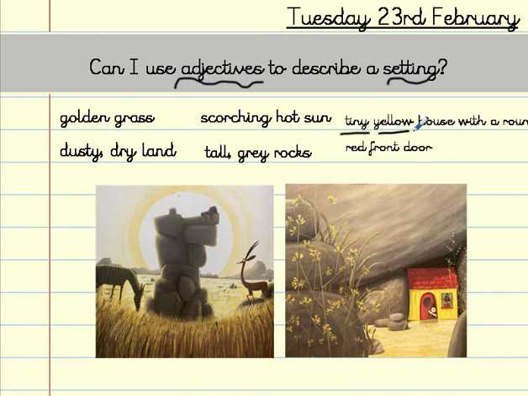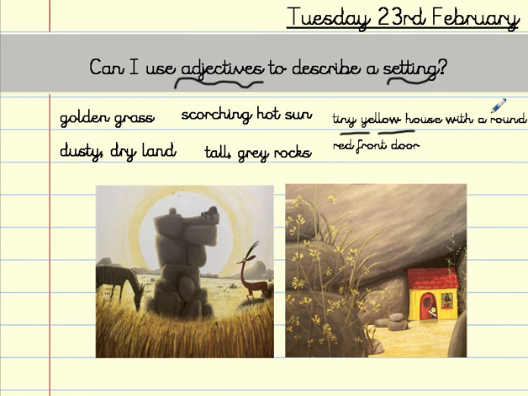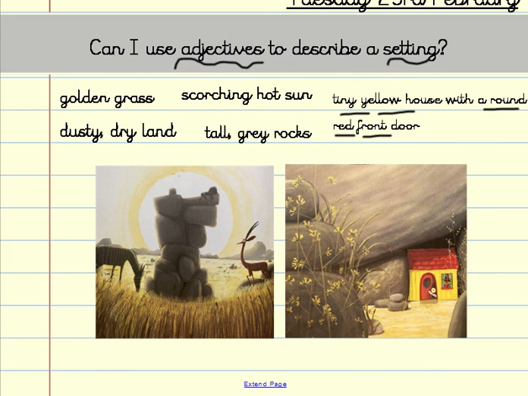Tiny and yellow, and round red front door to describe the door. Can you see a little character in there? How would we describe these flowers? You could describe the colour, so the yellow or the golden flowers, and the blades of grass. So lots and lots of ideas of how we could describe the setting.